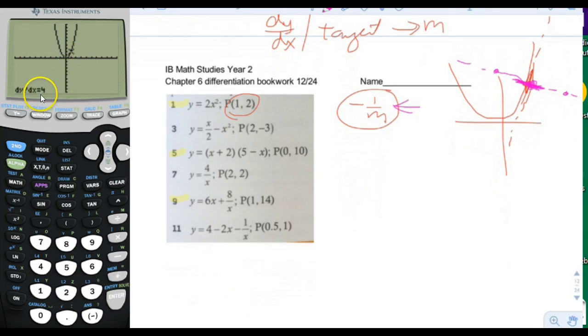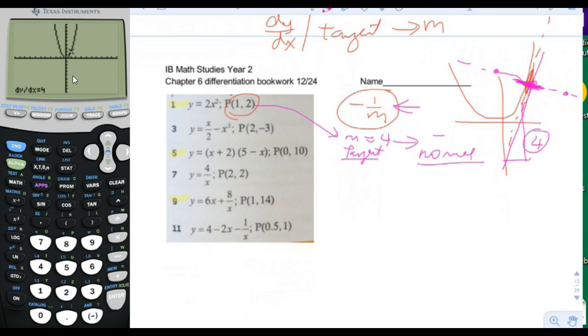And that tells me that the gradient at that point is 4. So we know that m equals 4. This is for the tangent, or for the derivative. Now, for the normal, we take the negative inverse. So the normal slope is negative 1/4. Okay?